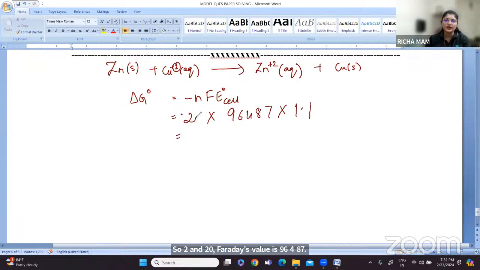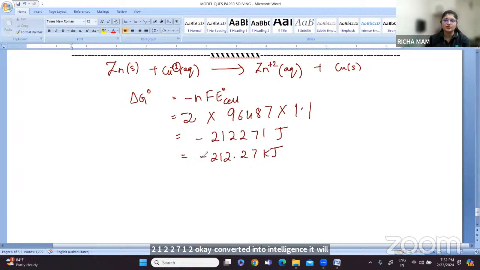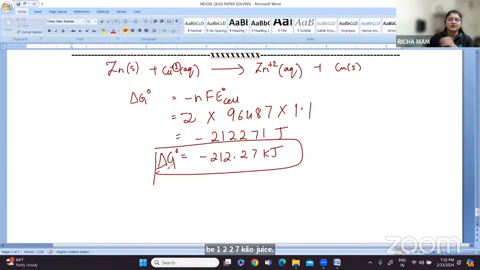So what answer will you get? You will get minus 212271 joules. Converted into kilojoules, it will be minus 212.271 kilojoules. So this is the standard Gibbs energy.